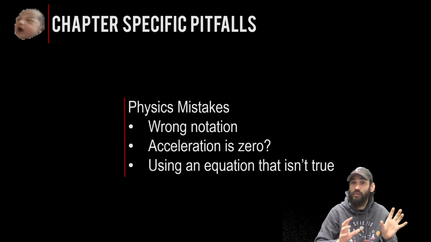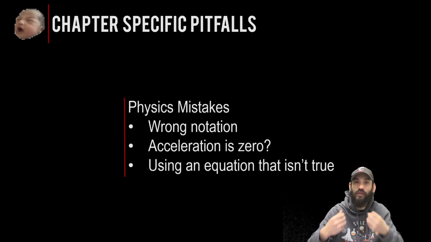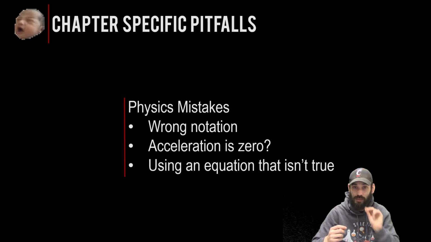A lot of times you'll kind of pick and choose equations because they'll fit the physical quantities that you want, but that equation isn't applicable in the situation. So go back to first principle, derive those equations, understand specifically what circumstances they're true in, and then if you want to use an equation sheet, and I do sometimes I'll just kind of pull out an equation because I know where it came from, then use it when you know really where it comes from and when it's true and when it's not true.